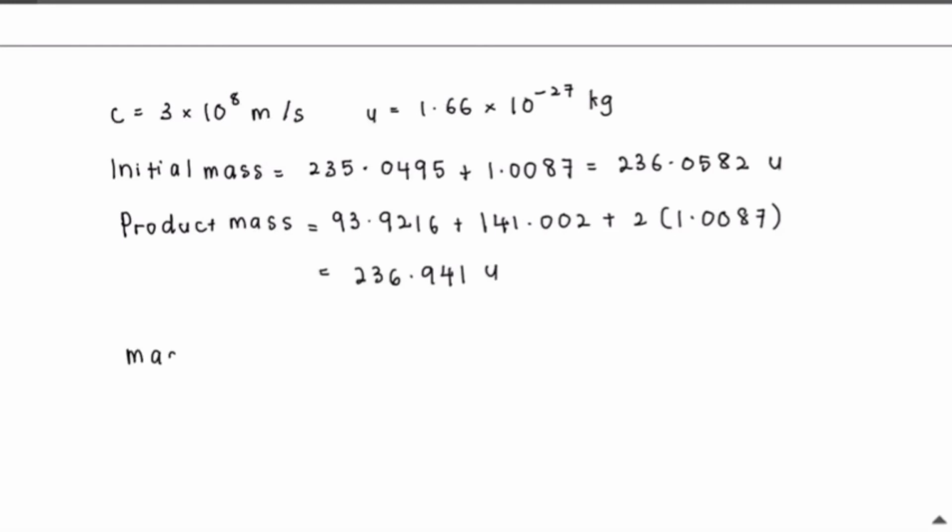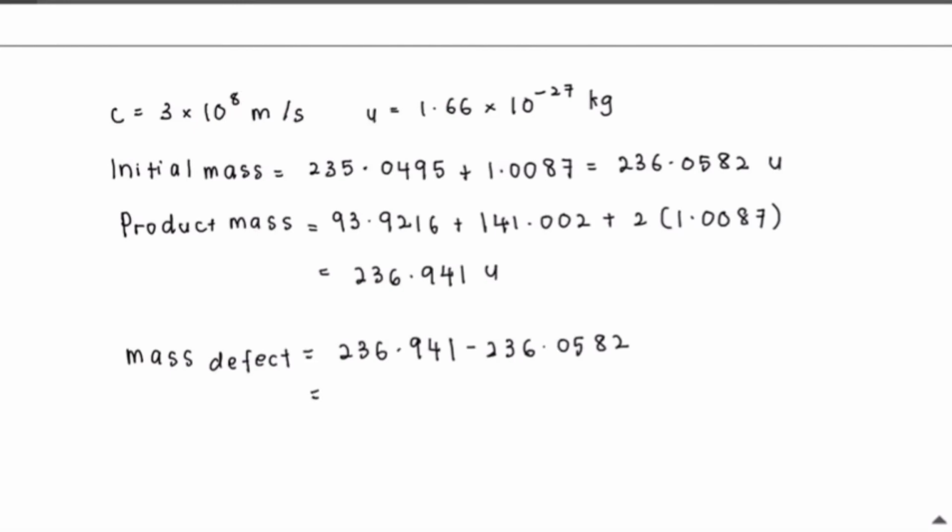For the mass defect, you just need to find the difference: the initial mass minus the mass of the product, 236.0582 minus the product mass.